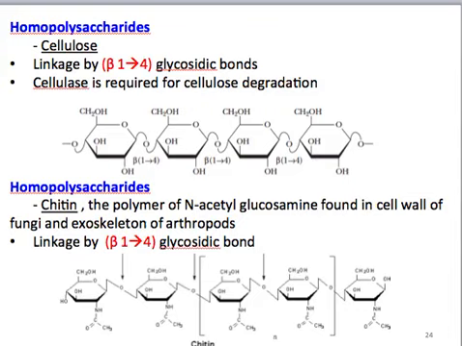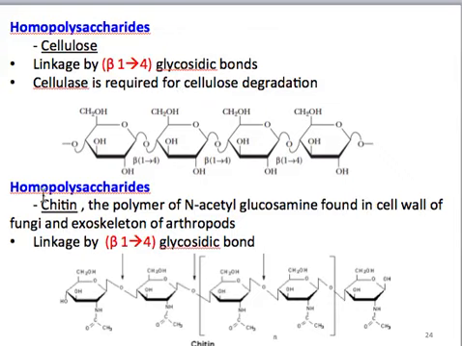Cellulose is another homopolysaccharide found in the plant cell wall. It comprises beta-D glucose joined together with beta-1,4 glycosidic bonds. Humans do not produce cellulase nor digest it for energy, so it acts as dietary fiber.